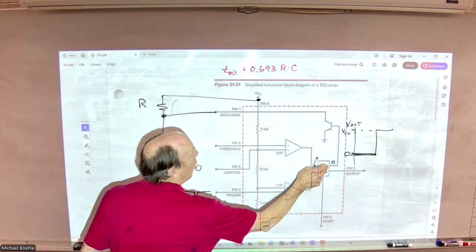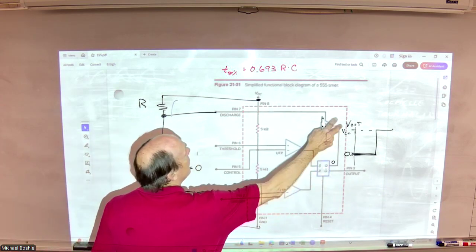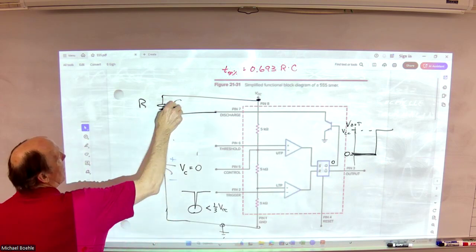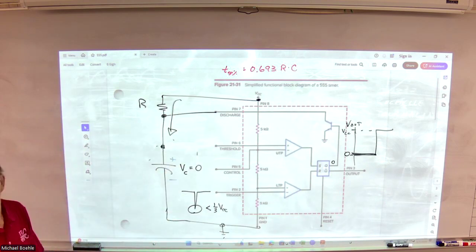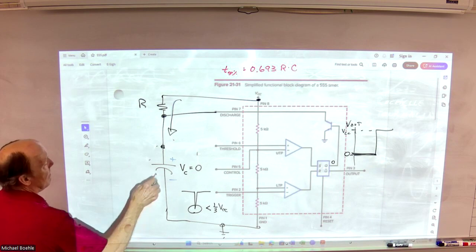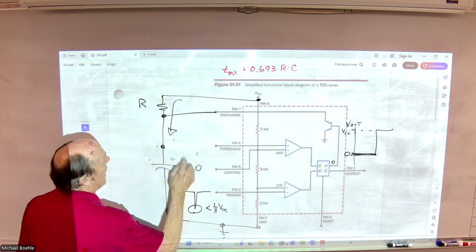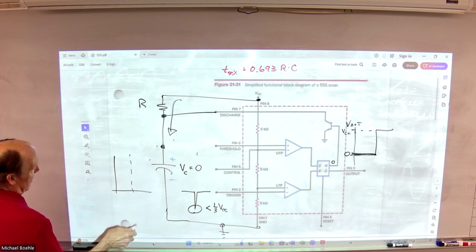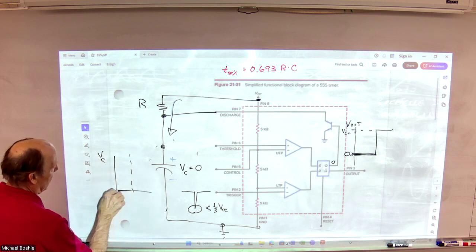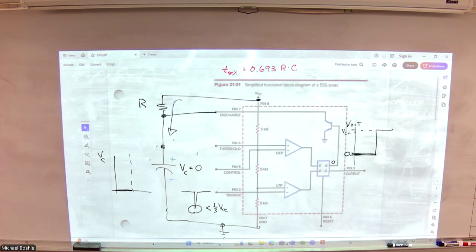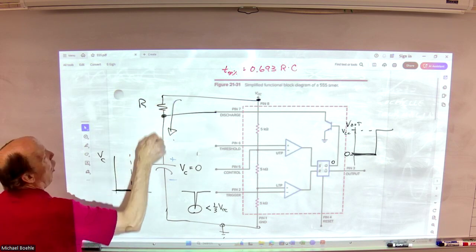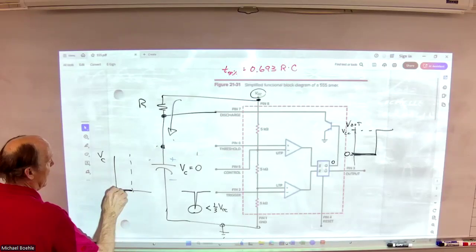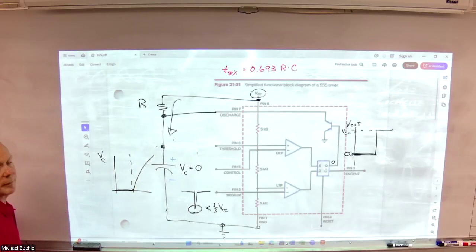Because Q goes low, this transistor is off. And what happens? The capacitor starts charging. The capacitor voltage, until I triggered, was at 0. So what's the capacitor going to try and do? Well, through R, it's going to charge up toward VCC.